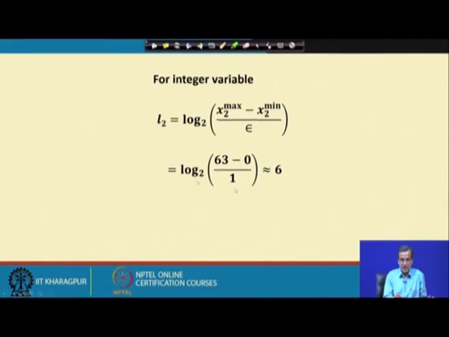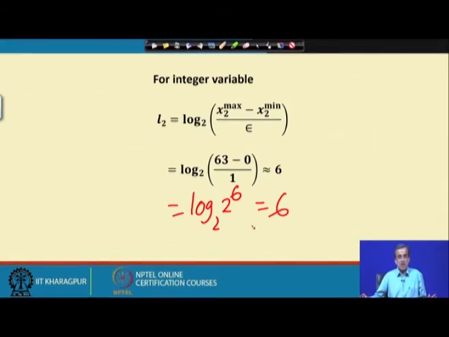If we calculate, this will become log base 2 of 63, which is approximately equal to log base 2 of 64. This is nothing but 2 raised to the power 6, and that equals 6. So, I will have to assign 6 bits to represent the integer variable.